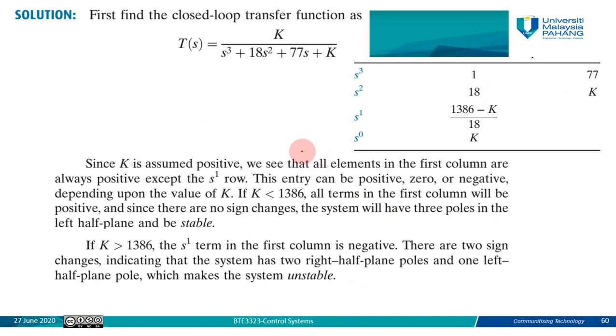As we can see here, this is the closed loop transfer function that we found using G(s) over 1 plus G(s). The denominator represents our characteristic equation.